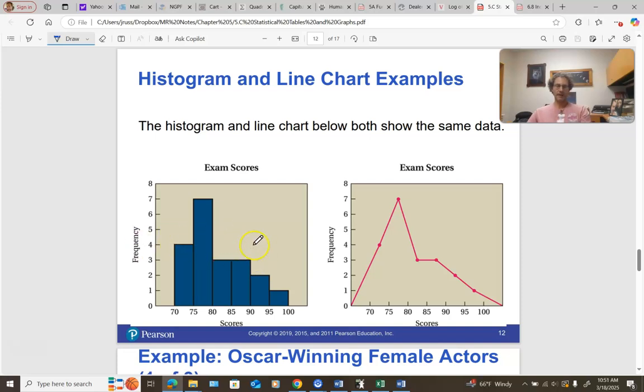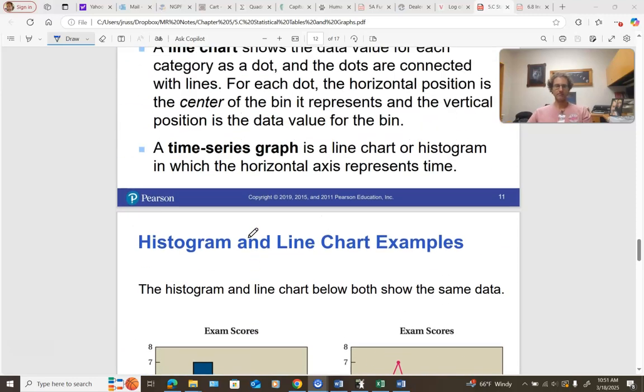But anyway, what I'm trying to point out here is that you can see these bars are touching: 70 to 75, and then 75 to 80, and then 80 to 85, 85 to 90, etc. And the height of each of these bars just corresponds to the frequency of the data in that particular bin. So that's an example of a histogram.